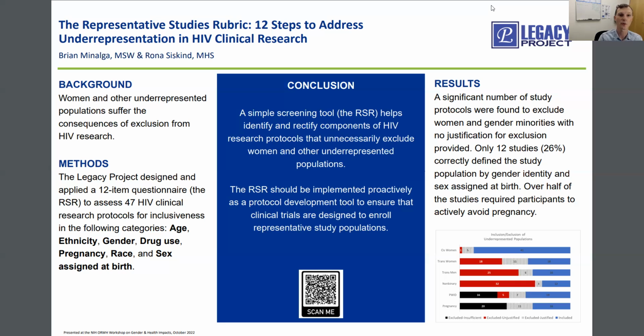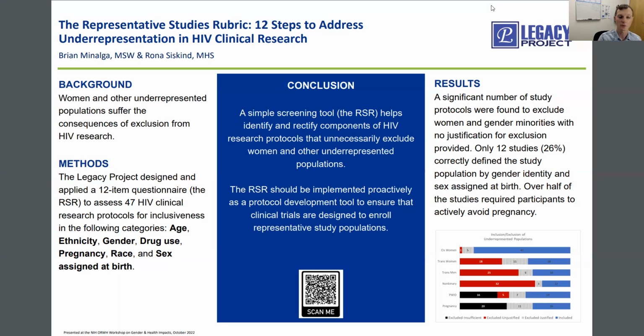We selected these 47 protocols because they represented 100% of protocols that were enrolling at the time of this analysis, which was September of 2021. When we applied these 12 questions to these 47 HIV clinical research protocols, we found that a significant number of these 47 studies excluded women and gender minorities with no justification for exclusion provided.